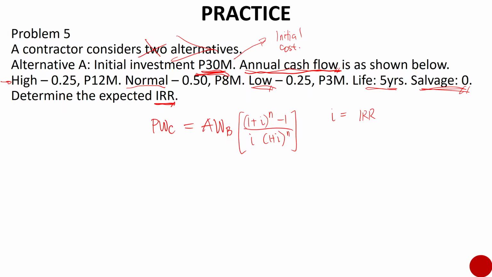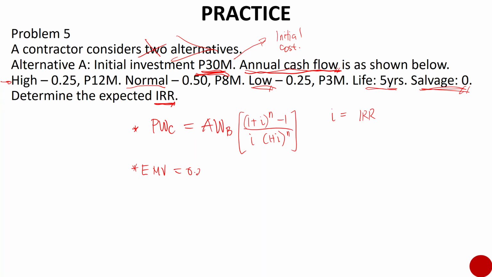Unlike the previous one, where we calculated the present worth and that's why we considered the initial worth, for this one we just use the annual cash flow itself. So first, let's get the expected annual benefit.